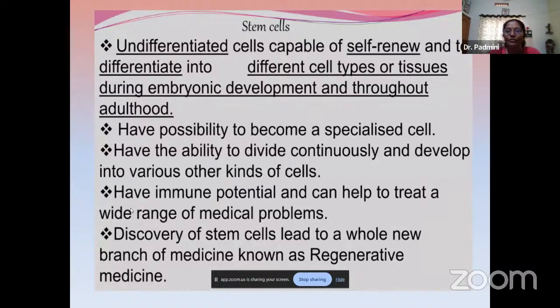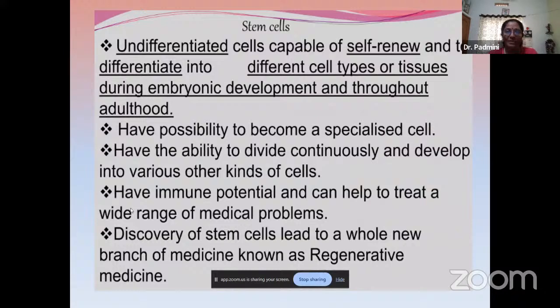These are undifferentiated cells capable of self-renewal and of differentiating into different cell types or tissues during embryonic development and throughout adulthood. So what do you understand by this? Undifferentiated cells capable of self-renewal: the undifferentiated cell is going to divide into two types of cell.